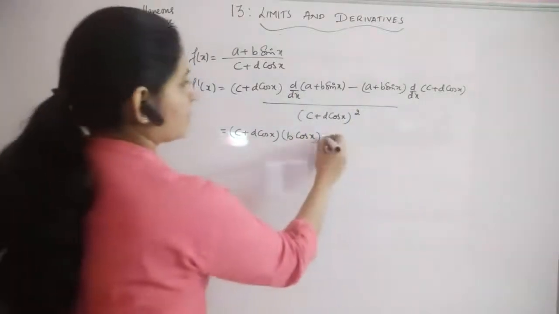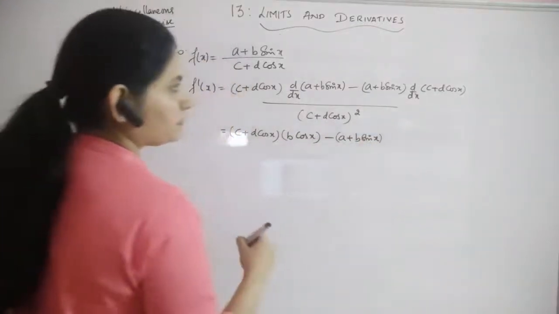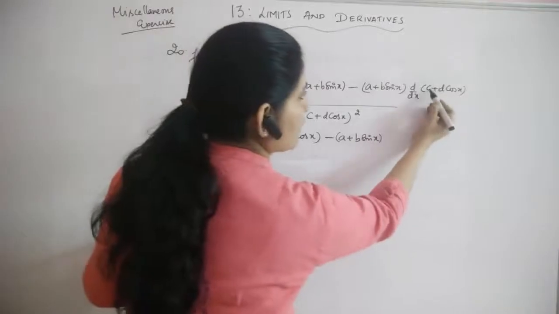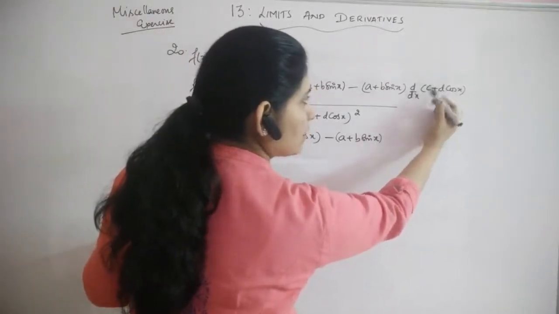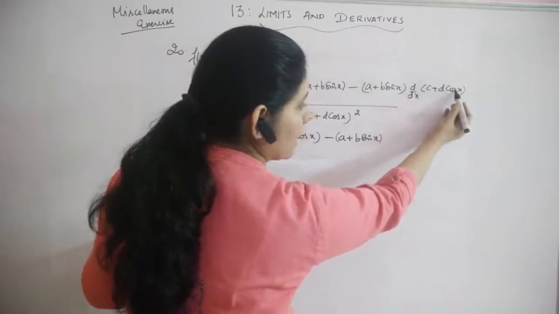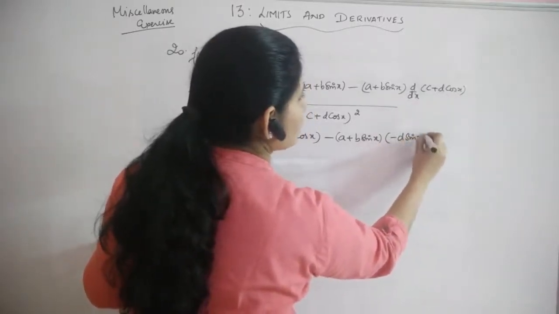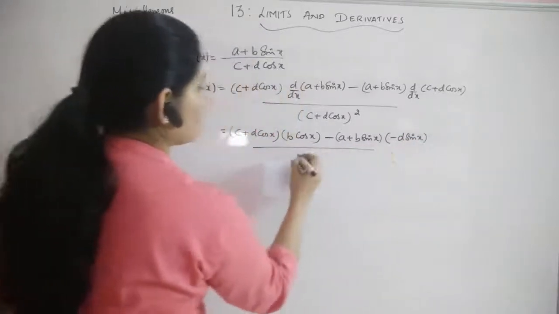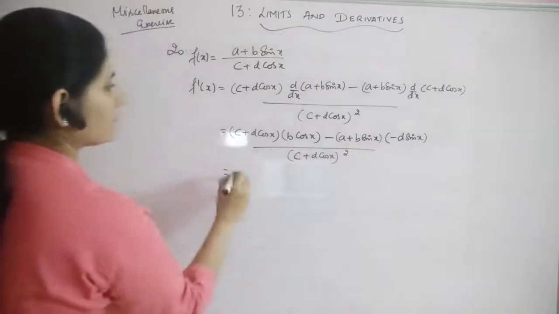Understood? Minus (a plus b sin x) into the derivative of, again c is 0 and for the derivative of d cos x, d can be taken out, the derivative of cos x is minus sin x. So here you will get minus d sin x, divided by (c plus d cos x) the whole square.